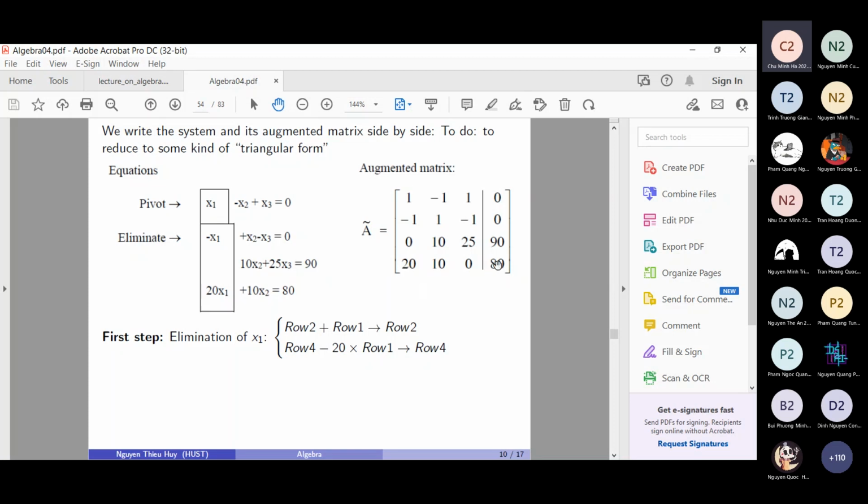But we have to do this with the whole rows, because it corresponds to what we do with the equations here. But instead of doing it on equations with many variables, we are doing it only on a matrix containing only numbers, and this is simpler, but the result is the same.